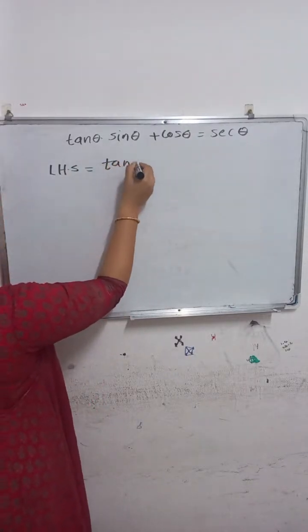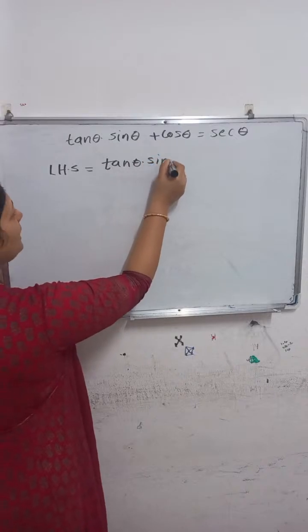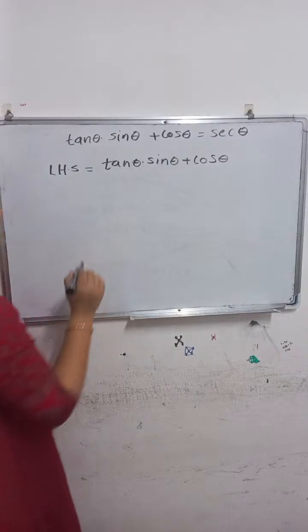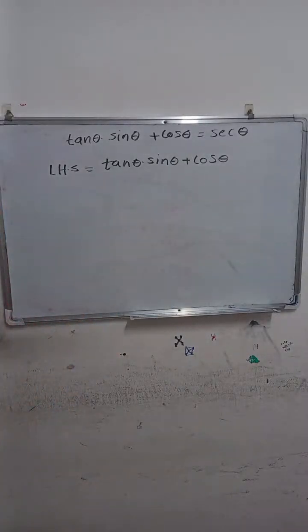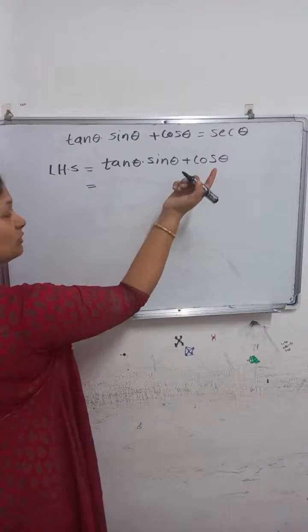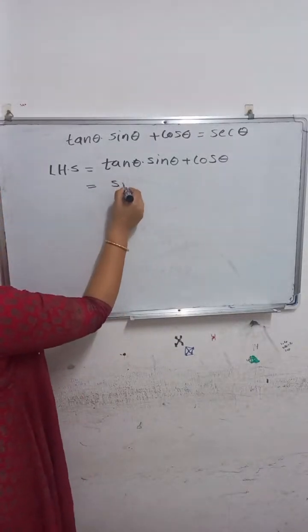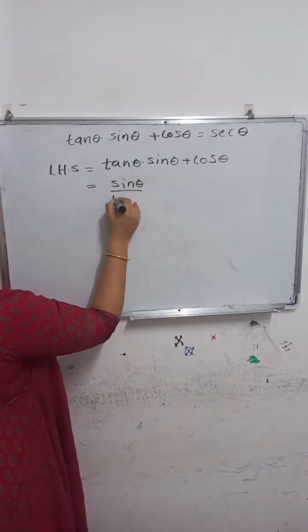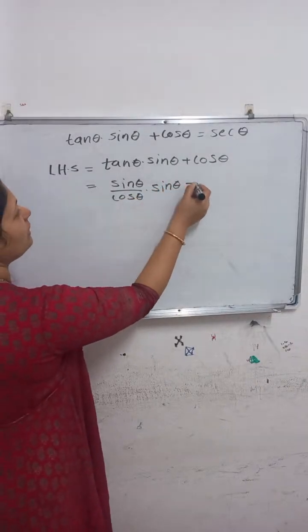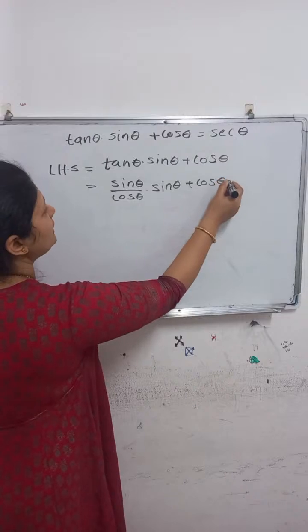So tan theta into sin theta plus cos theta, this is what I wrote as LHS. Once you write LHS, convert this tan theta in terms of sin and cos. So tan theta is nothing but sin theta by cos theta into sin theta plus cos theta.